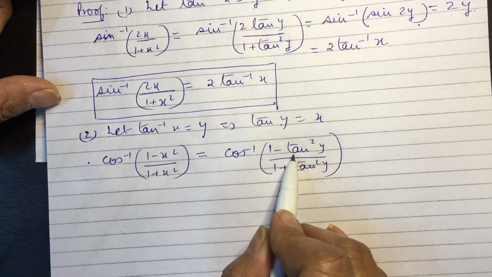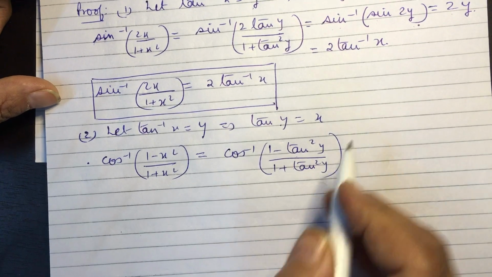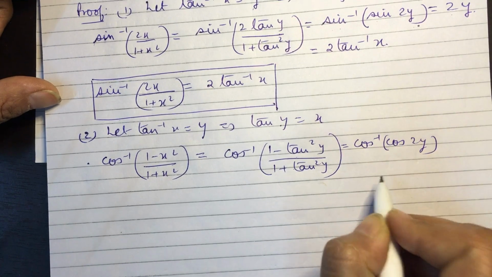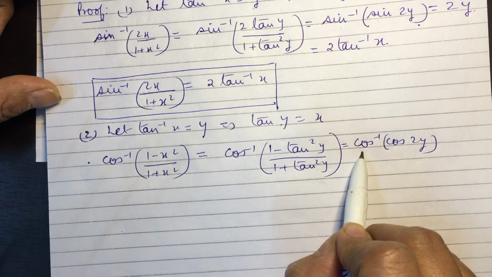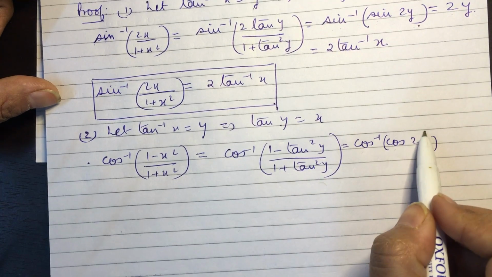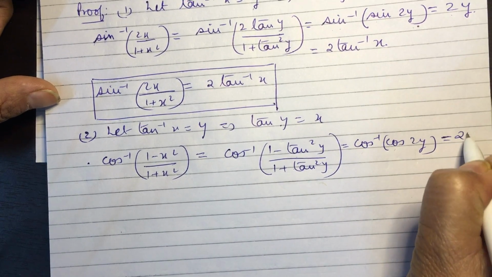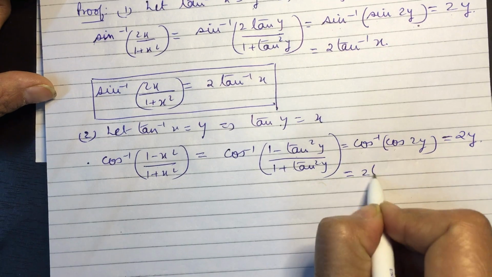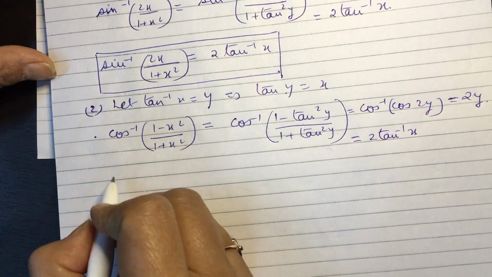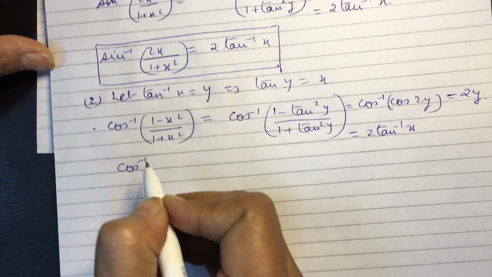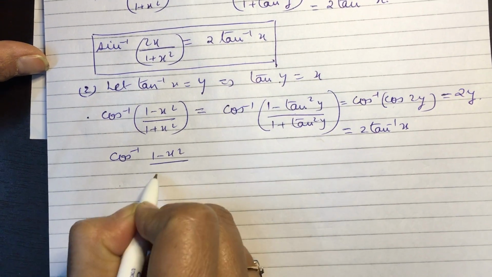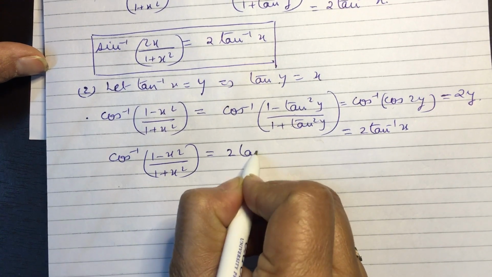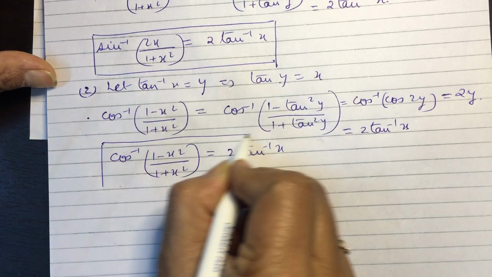If you remember clearly, this is the result for cos 2y. So this gives us cos inverse cos of 2y. Again, cos inverse, when it acts on cos, we will be left with only 2y. Substituting back the value of y, we will get 2 tan inverse x, and so we get cos inverse of 1 minus x square over 1 plus x square is equal to 2 tan inverse x.